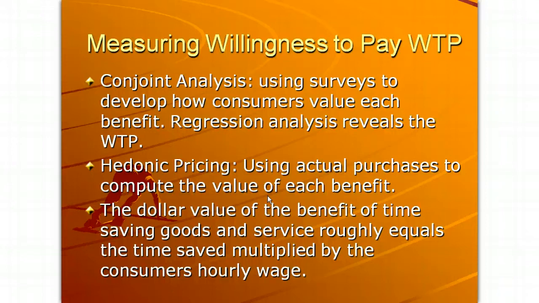So the advantage is that consumers do not always behave as they claim to behave in a survey. So this is actual data we're using. The disadvantage is that the pricing models cannot be applied to new product attributes. So we basically have to work with what's out there already and what's already been purchased.